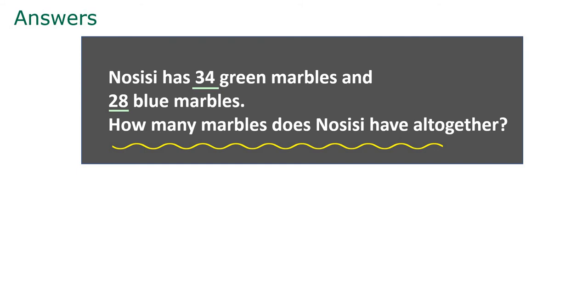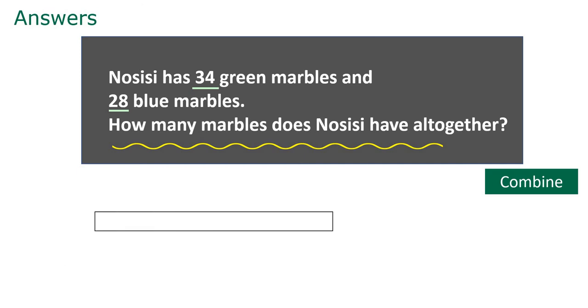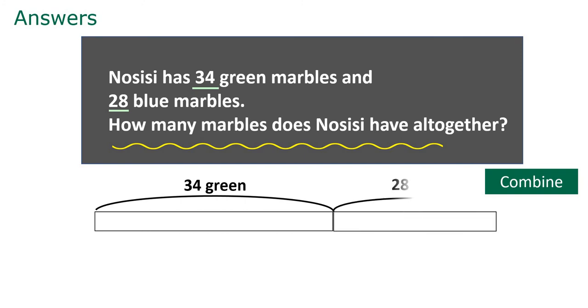Nosiso has 34 green marbles and 28 blue marbles. How many marbles does Nosiso have altogether? Numbers have been underlined using a straight line, and the question has been underlined using a wavy line. Is this a compare, change, or a combine question? This is a combine question, and if it is a combine question, we are going to use one bar, indicating that Nosiso has 34 green marbles and 28 blue marbles.